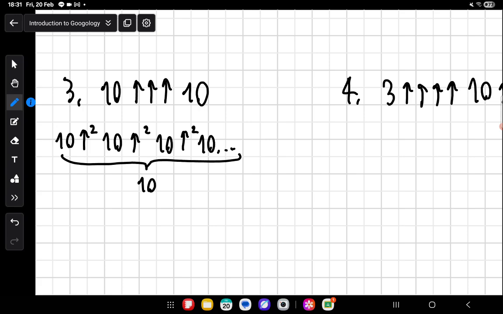From this point on, start calculating. What's 10 double arrow 10? It should be 10 to the power of 10 to the power of 10 to the power of 10, and so on, 10 times.